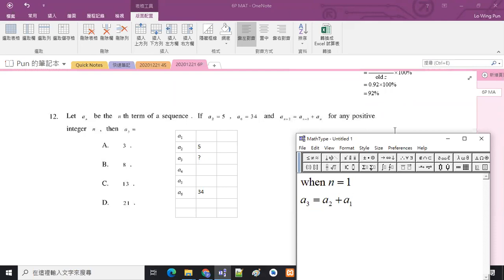Can you get this? Which means that a3 is equal to 5 plus a1.